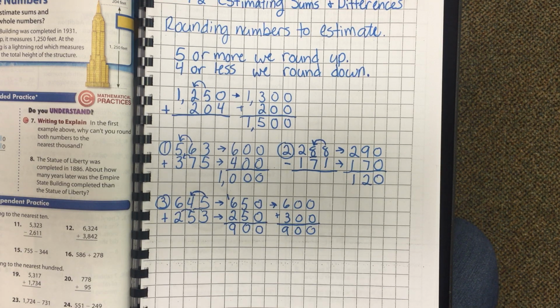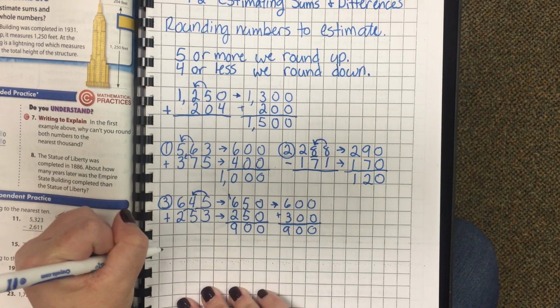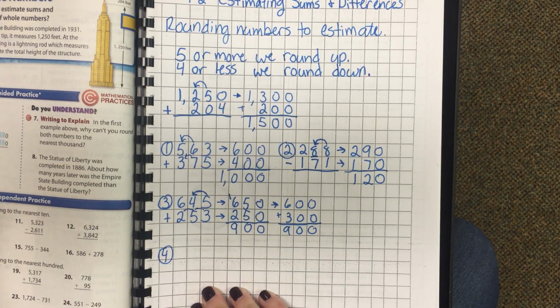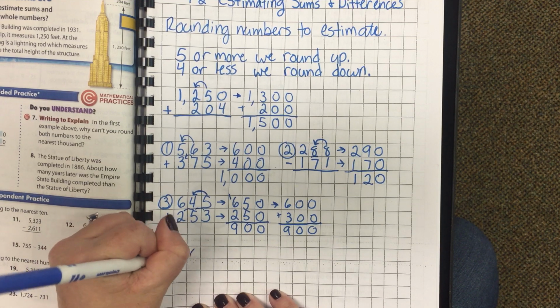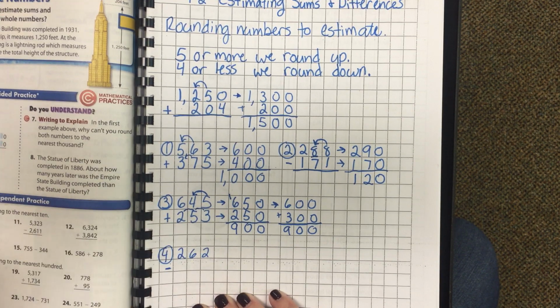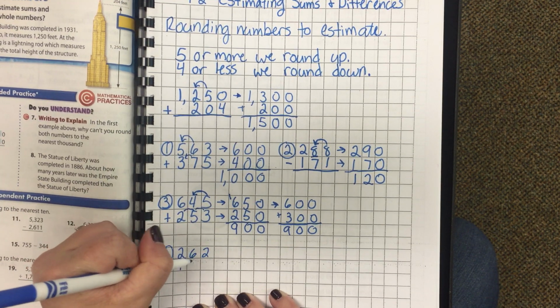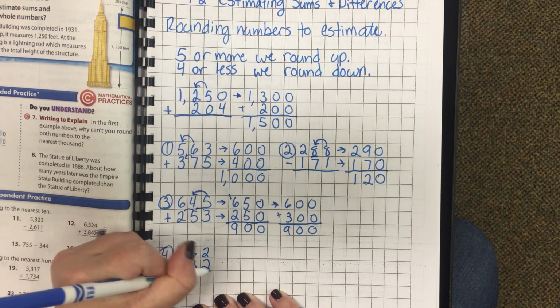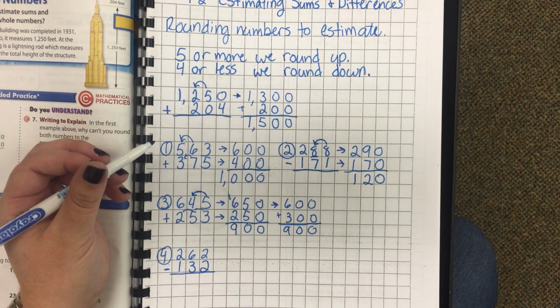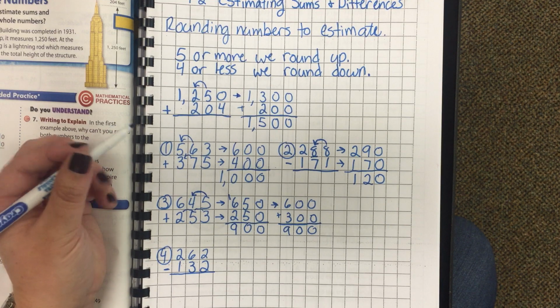Number 4. 262 minus 132. What do we think? Tens or hundreds? Hundreds, okay.